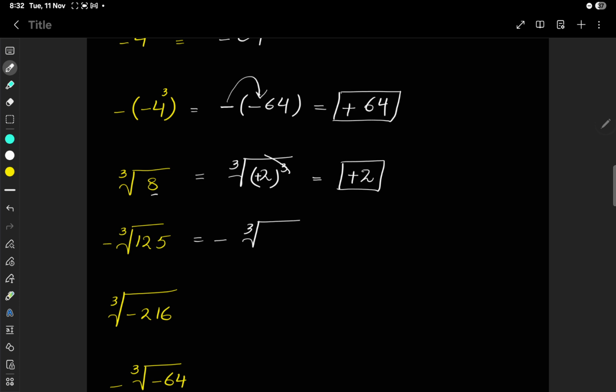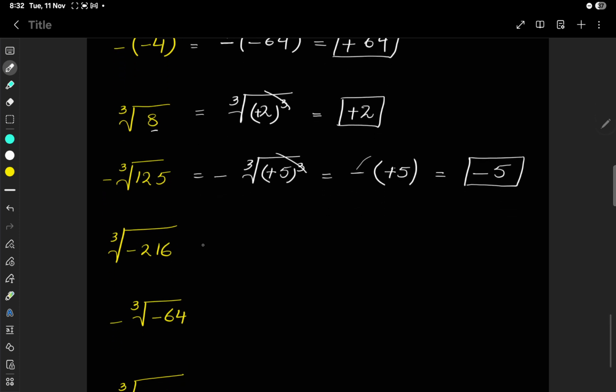This minus sign is outside of this cube root. So 125 is the cube of whom? Plus 5. So we will write it is plus 5 cube, and the cube root will remove the cube, and this minus sign will stay outside, and inside we will have plus 5. And when we solve the bracket, minus plus will be minus and 5. So the final answer will be minus 5.